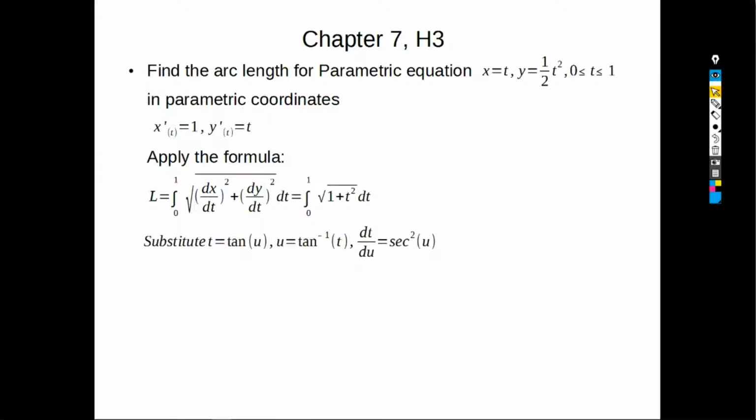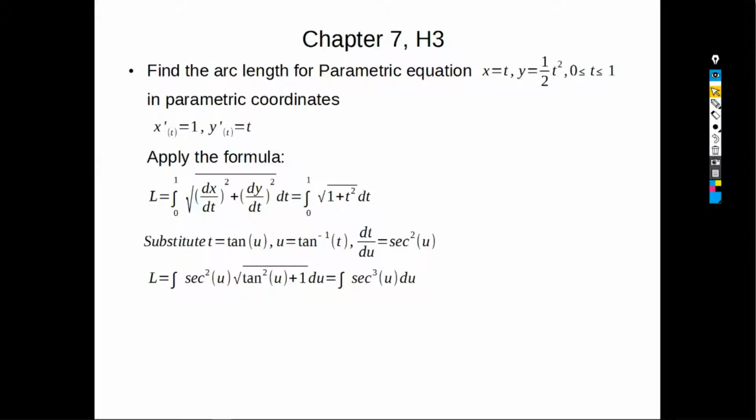Now, what we do is we substitute t equals tan of u, and u equals arctan t, and dt over du equals secant squared u. Now we just plug that in, and it solves out to the integral of secant cubed u du.